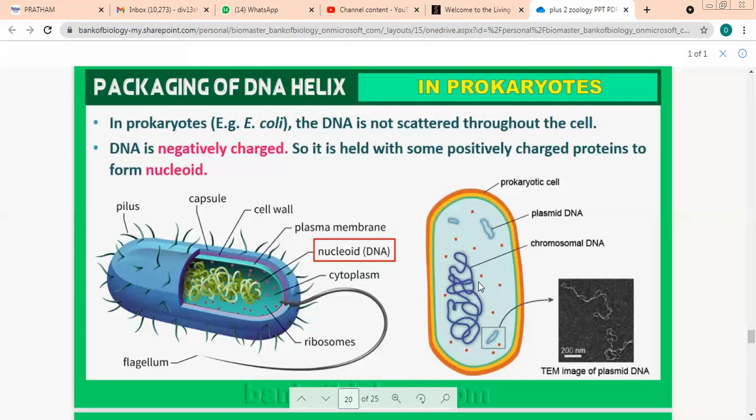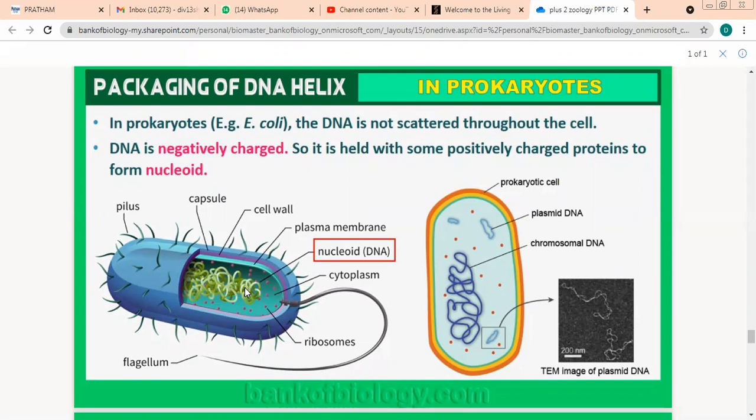So we are talking about prokaryotes. In prokaryotes, do you find DNA all over the cell? Yes or no? See, in the picture, half of the cell they have shown it is not there. The picture makes it very clear that it is not found in the complete cell. It is found only in those areas where you have positively charged proteins.